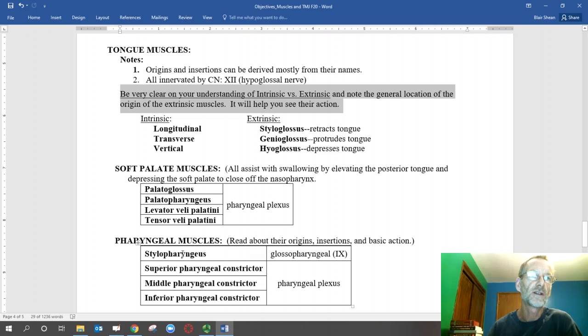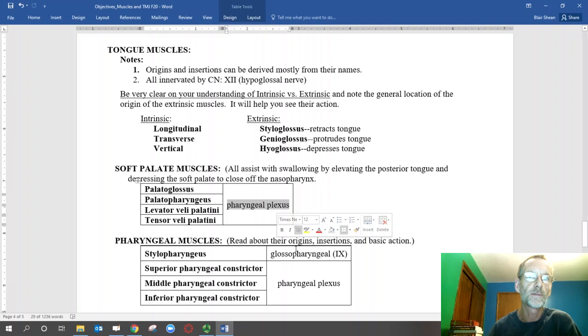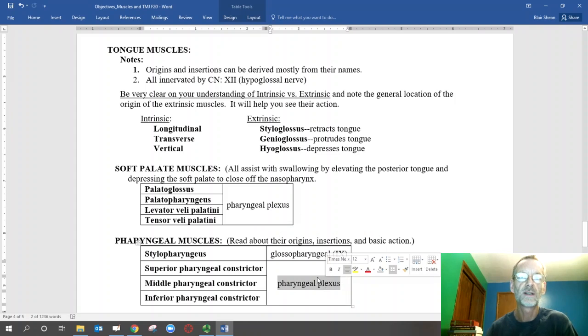So there's a stylopharyngeus, and then you have these three constrictors, the superior, middle, and inferior pharyngeal constrictor. I don't care about the innervation of these muscles, so I put the pharyngeal plexus. The point is that they're not cranial nerves.